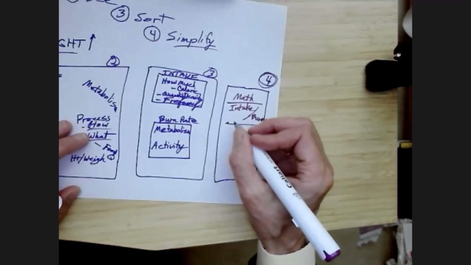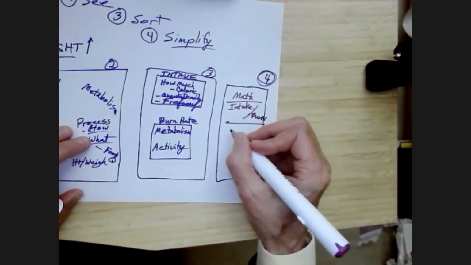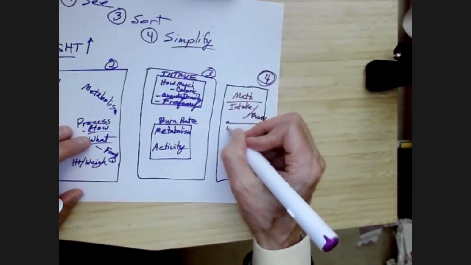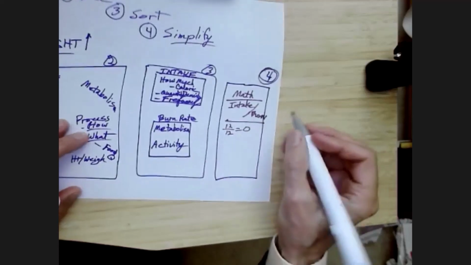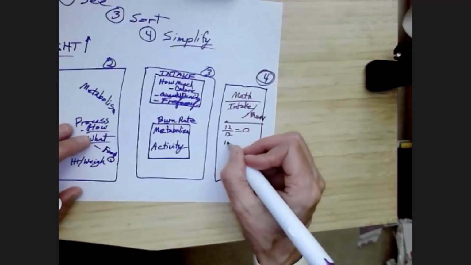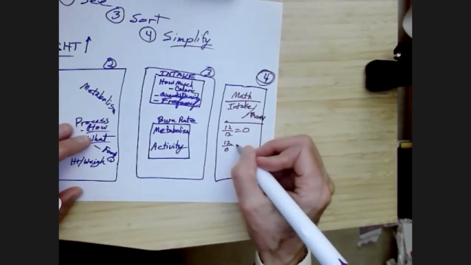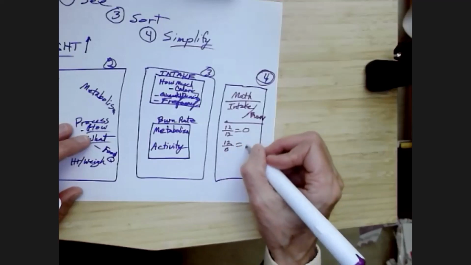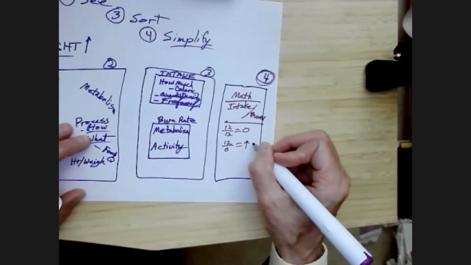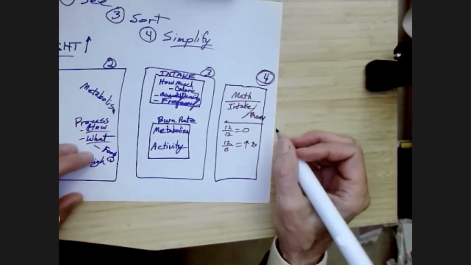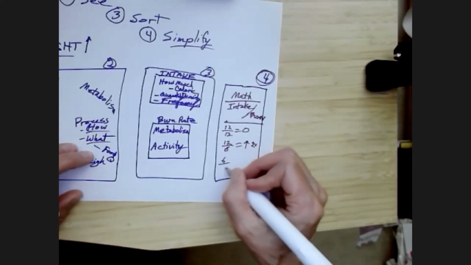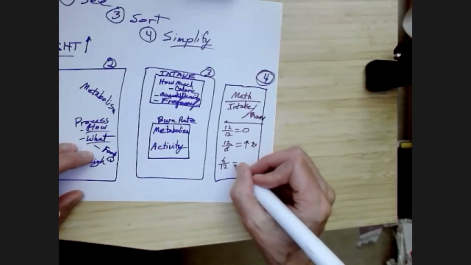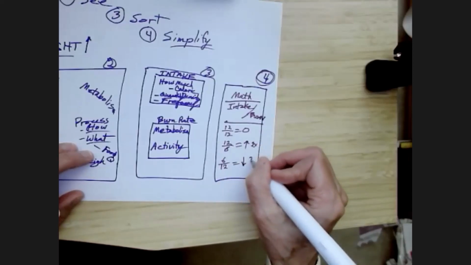If you take in 12 and burn 12, you're going to stay the same weight. If you take in 12 and burn 6, then you're going up by double, 2x. And the other way, if you take in 6 and you burn 12, then you're going to lose at some kind of 2x.